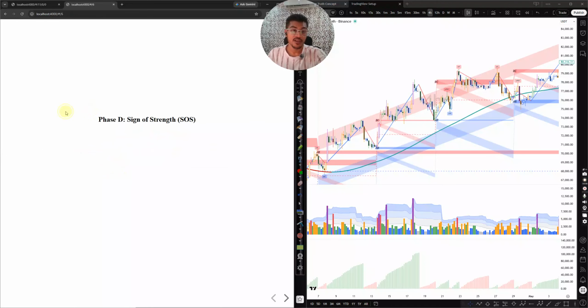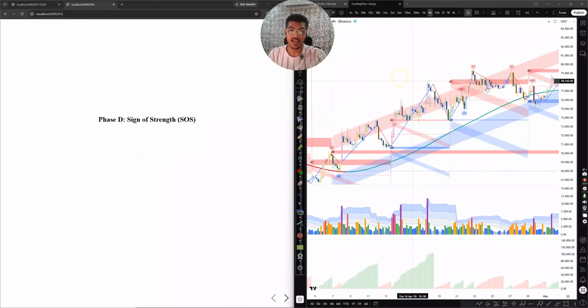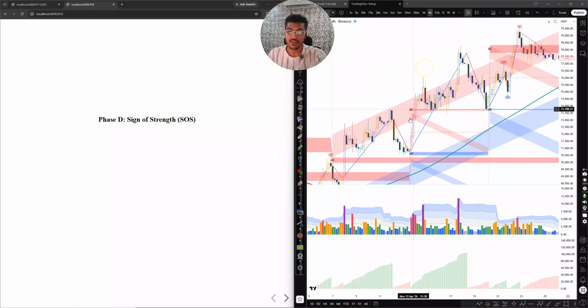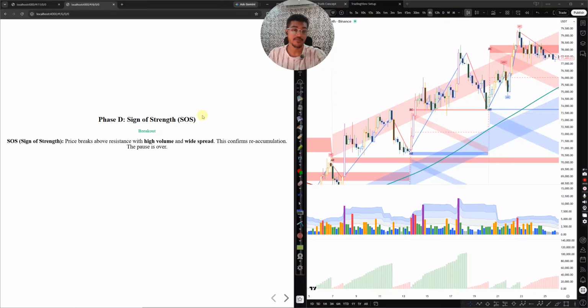All right. So sign of strength, I actually told you guys about this. All right. When we see this big candle, very high volume breaking above the resistance, that's your sign of strength. All right? When it pulls back around here, candle by candle looking into it, this is your backing up action. So in other terms, we call this a breakout. Okay, so sign of strength is where price breaks above the resistance with very high volume and a wide-spread candle.